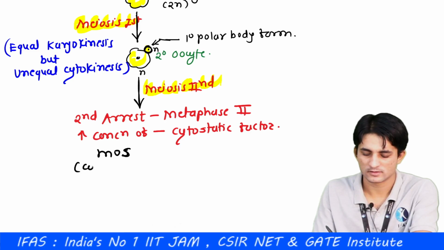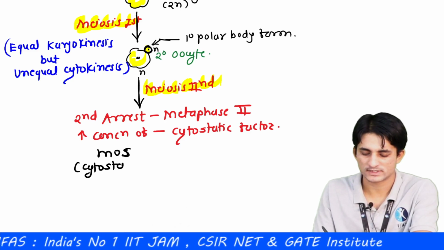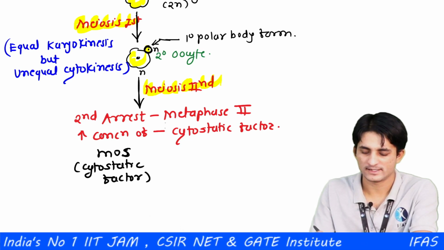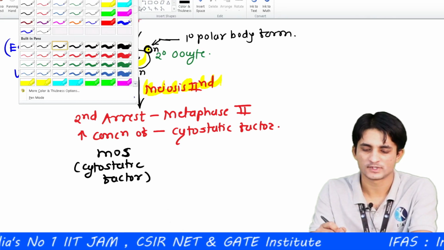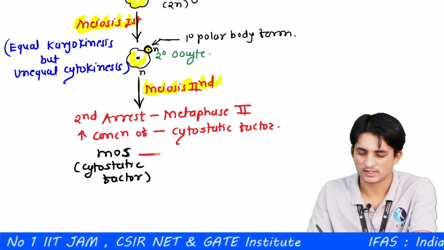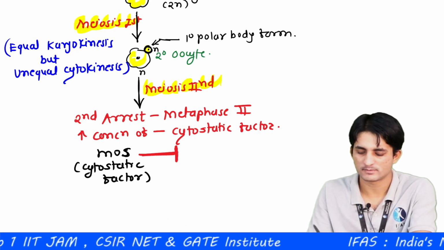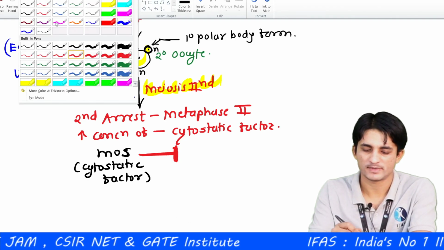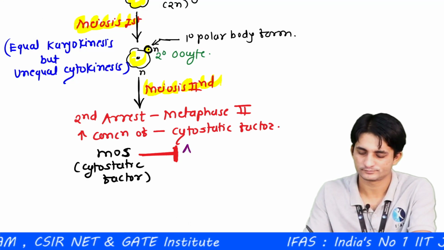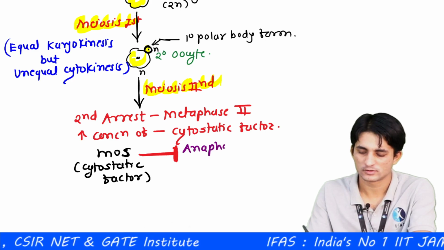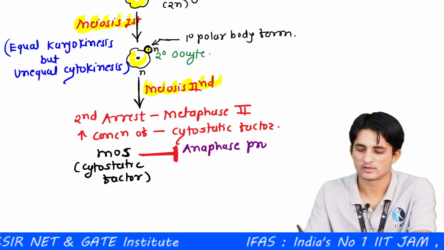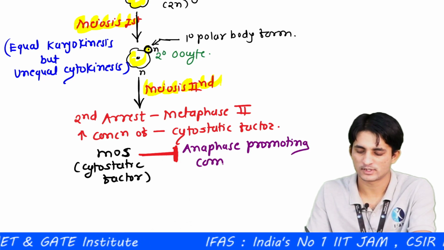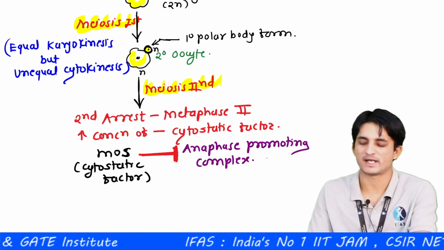The cytostatic factor is MOS, and this MOS inhibits the anaphase promoting complex. Therefore, the cells remain arrested in metaphase.